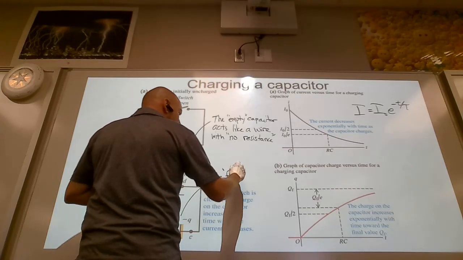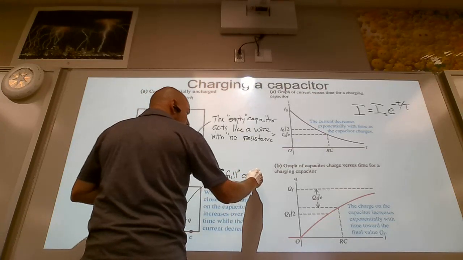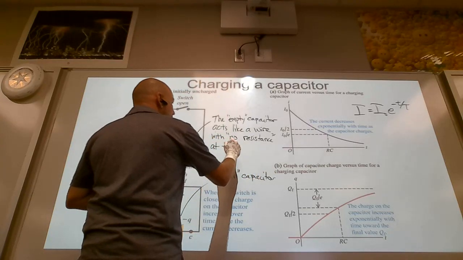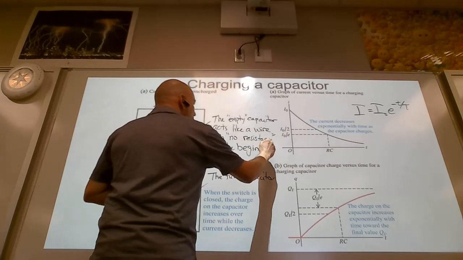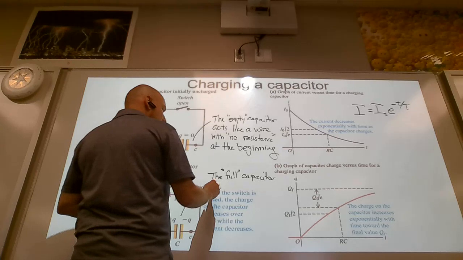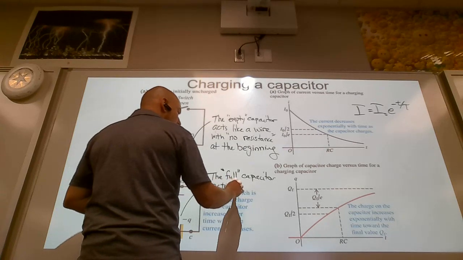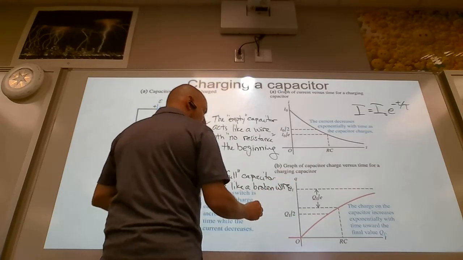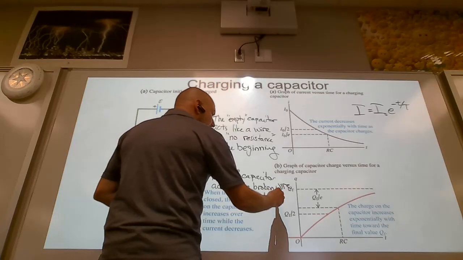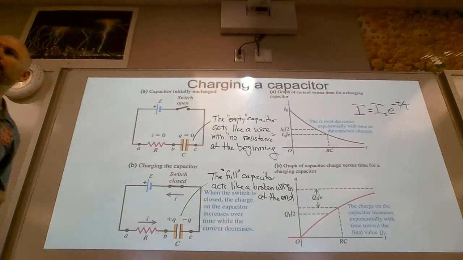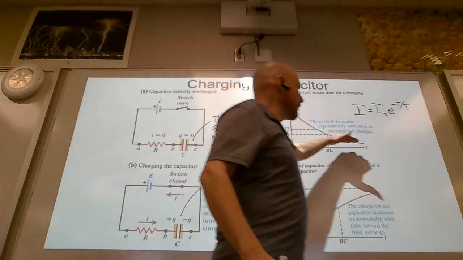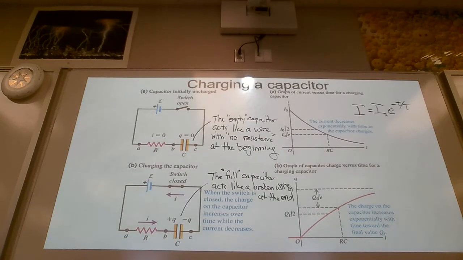The full capacitor at the end acts like a broken wire, preventing current from going. Does that make sense?